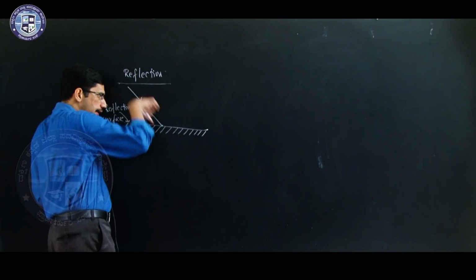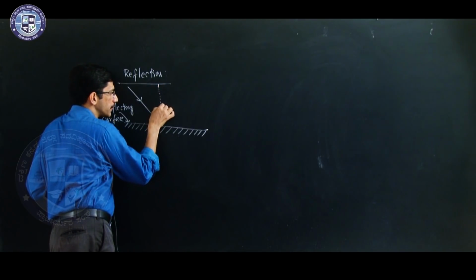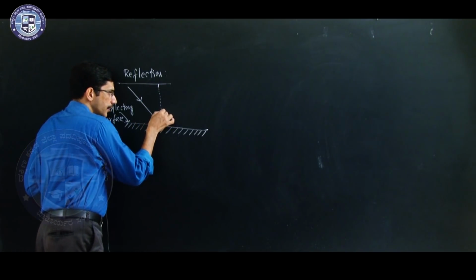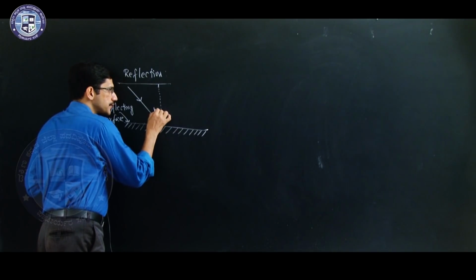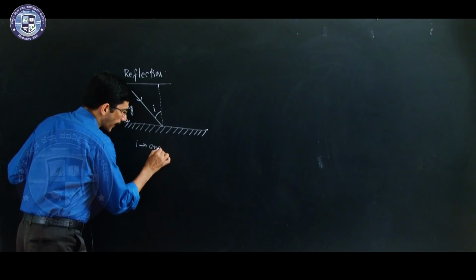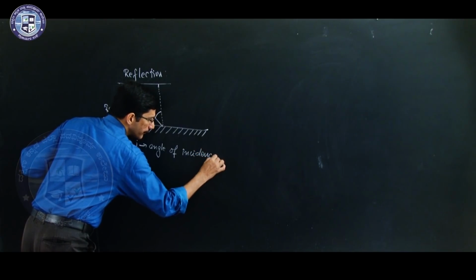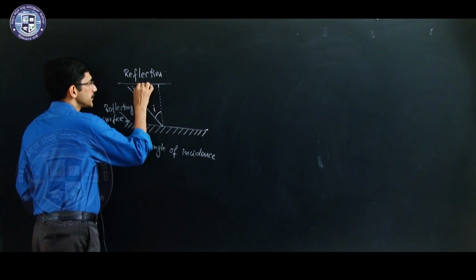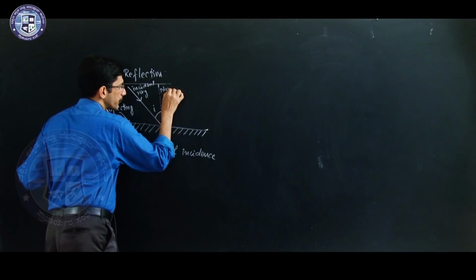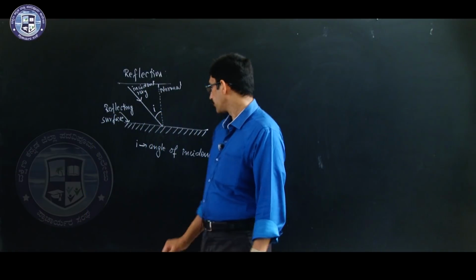At the point of incidence you draw the normal. With respect to the normal drawn, the incident ray makes some angle which is represented by i, where i is called the angle of incidence. It is the angle between the incident ray and the normal drawn at the point of incidence.